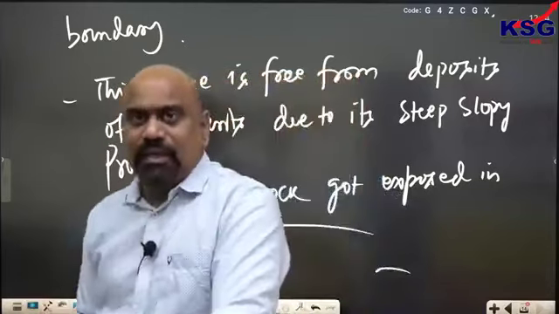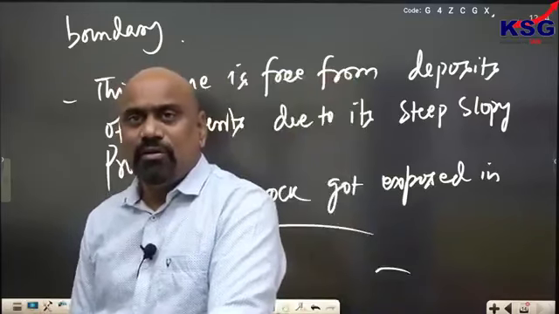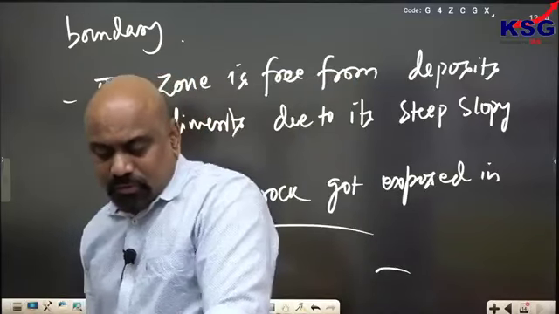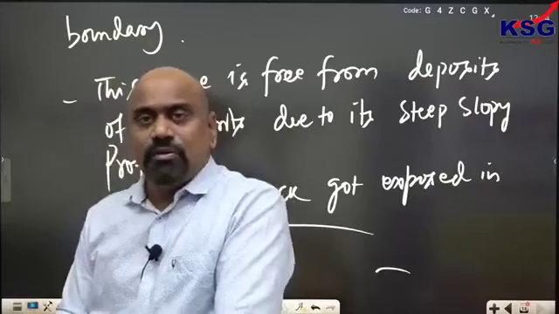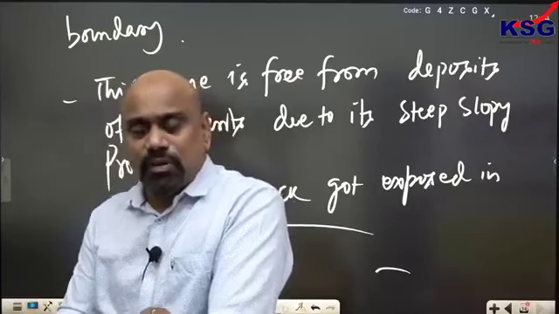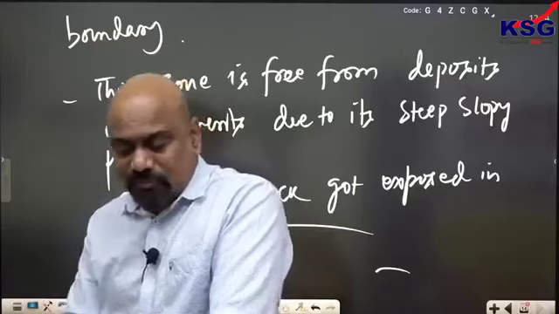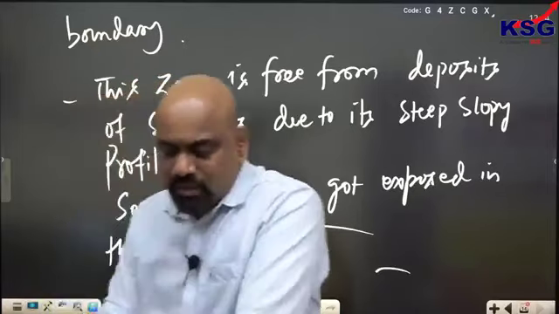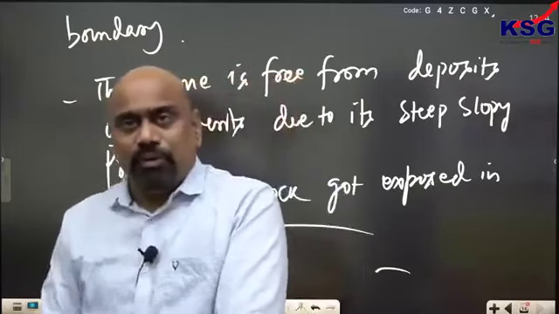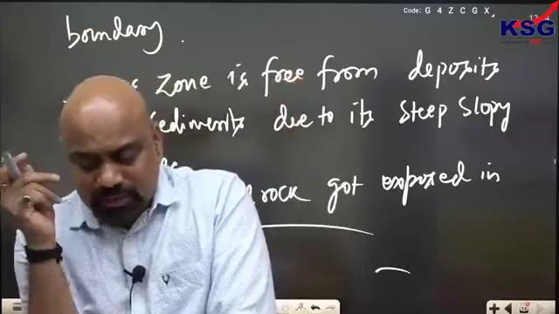Continental shelf break here, then you have the continental slope which extends from the continental shelf region toward the mid ocean, toward the high seas. So here very steep slope is there. So the depth here goes up to 2000 meter.